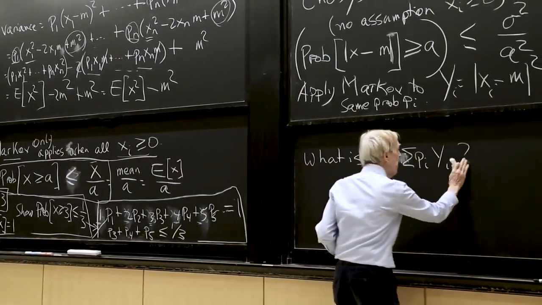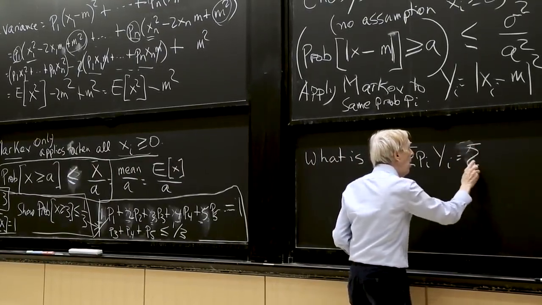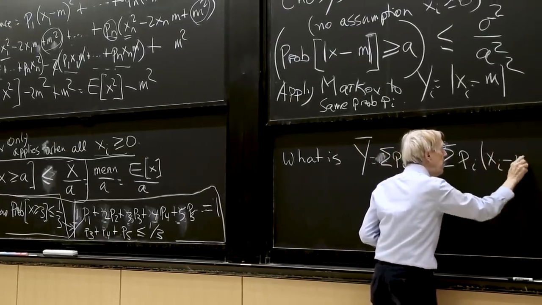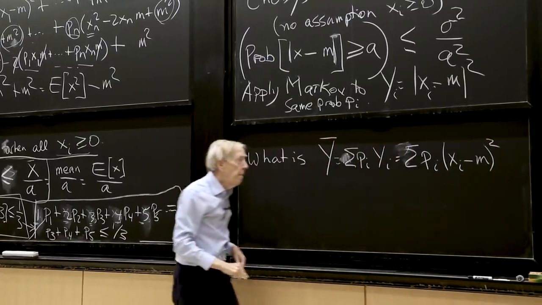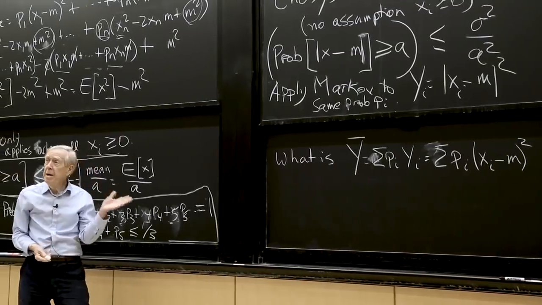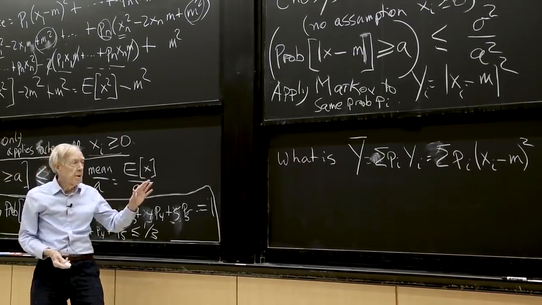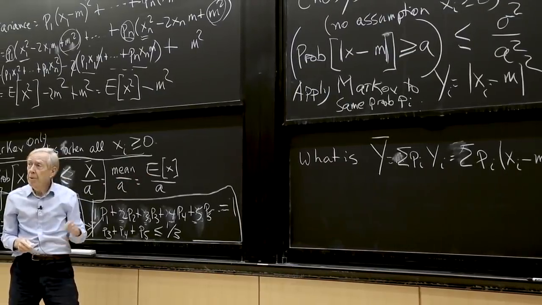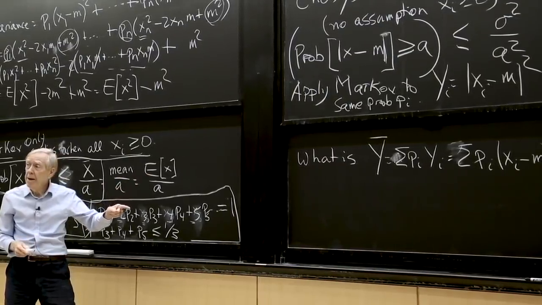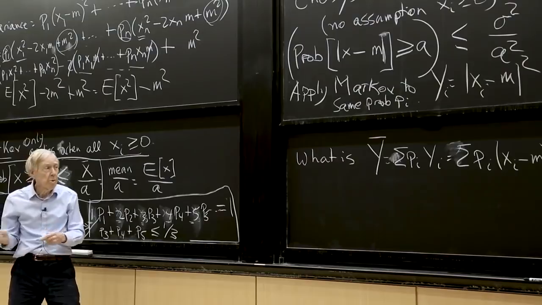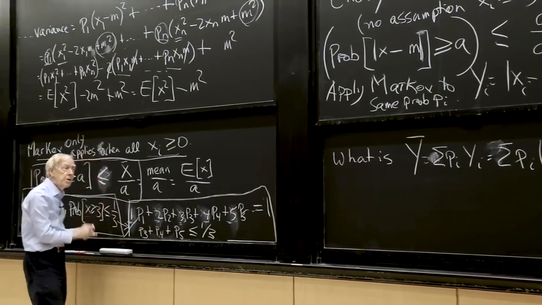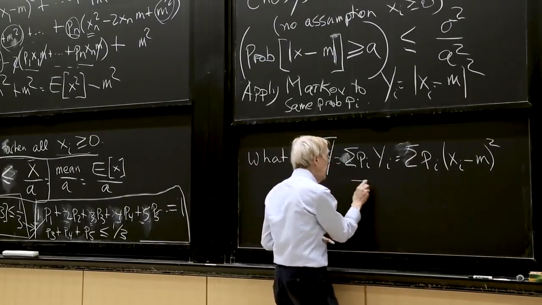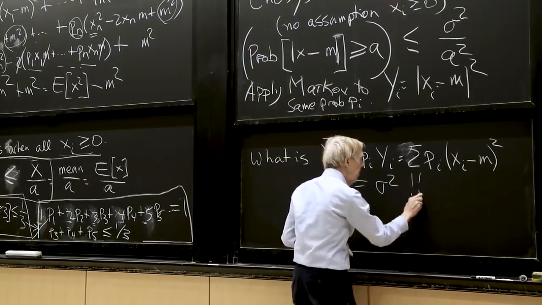This is the sum of probabilities, and my y's are xi minus the mean squared. So the mean for this y thing that I've brought in has that formula, and we recognize what that quantity is. That's sigma squared for the original x's. So the mean is the old sigma squared.